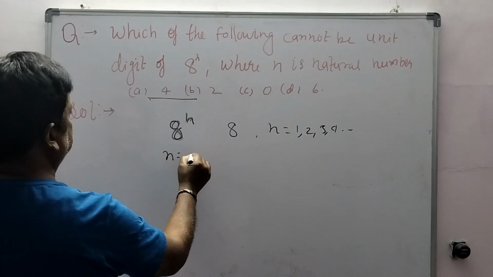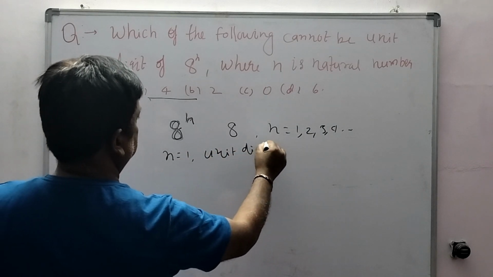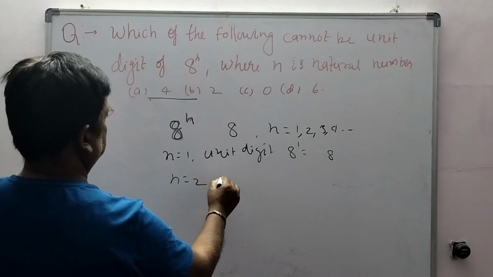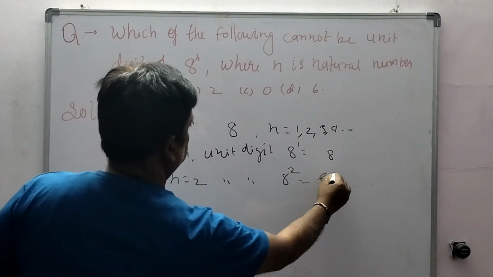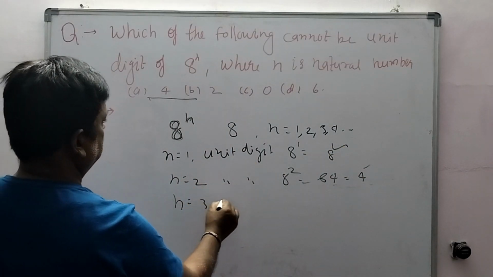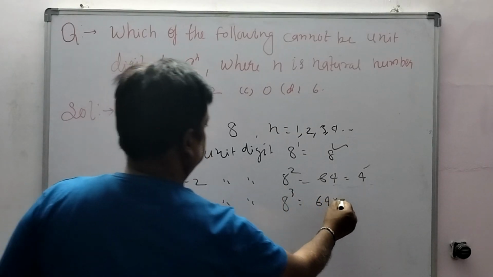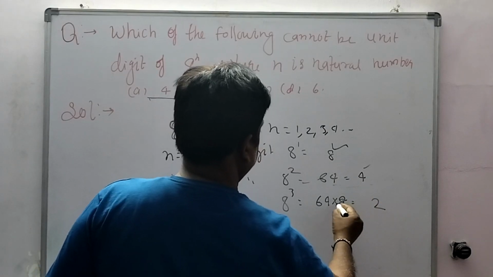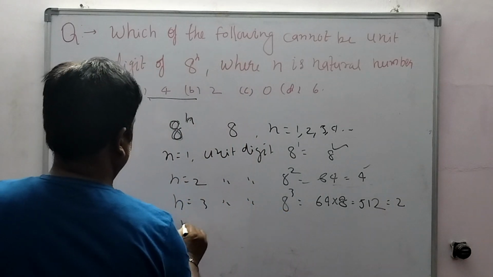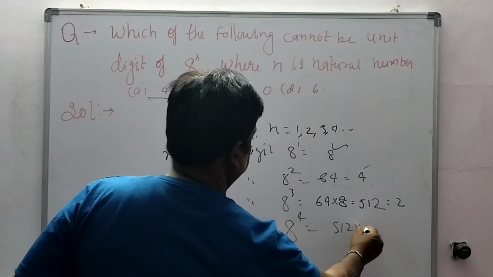For n equal to 1, unit digit is 8. For n equal to 2, 64, unit digit is 4. For n equal to 3, 64 into 8, unit digit 2. For n equal to 4, 8 to the power 4, 512 into 8.